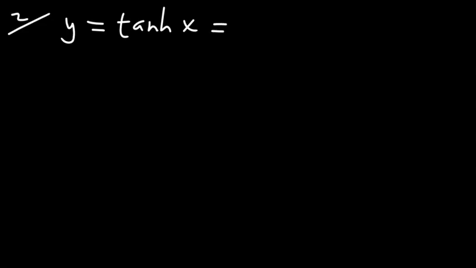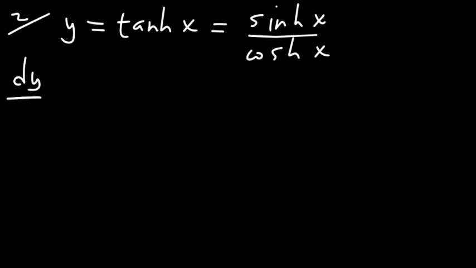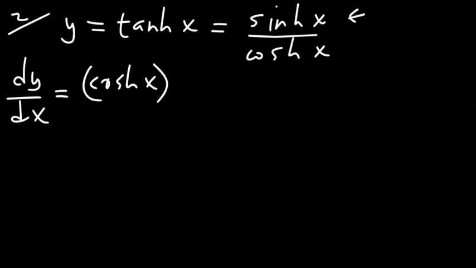Now the definition of hyperbolic tangent is hyperbolic sine over hyperbolic cosine. So the dy dx can be obtained using the quotient rule. You differentiate the top one, and that's going to give you hyperbolic cosine of x.